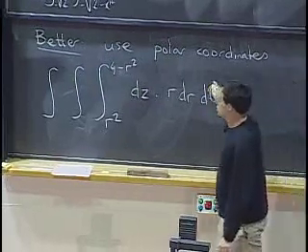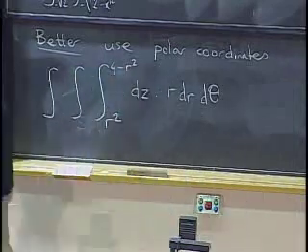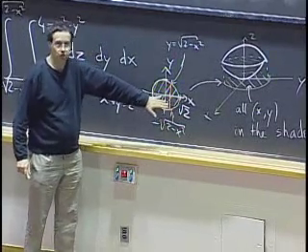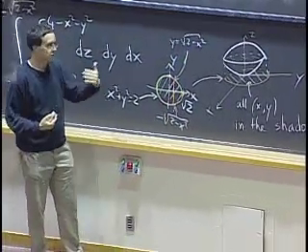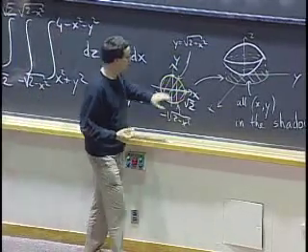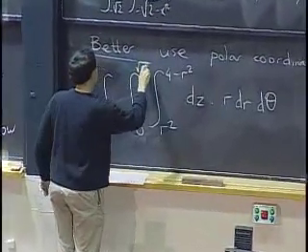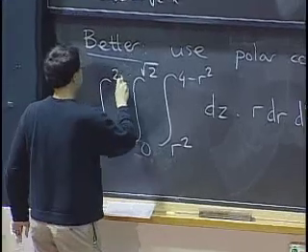And now the integral that we have to do over r and theta, well, we look again at the shadow. The shadow is still a disk of radius √2 that hasn't changed. And now we know how to set up this integral in polar coordinates. R goes from 0 to √2, and theta goes from 0 to 2 pi.